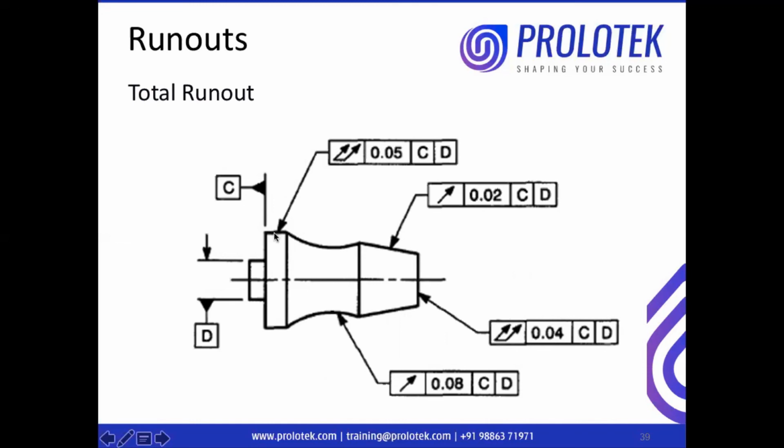Here total runout is applied to a cylindrical surface with two datums, which means this surface must be cylindrical, it must be perpendicular to C, parallel to datum A, and this axis must be concentric with the datum A. And here, the total runout is applied to a flat surface, which means I am controlling the flatness of that surface, and that surface must be parallel to C, and perpendicular to D. And here, since we do not have a cylindrical surface, but when I take a cross section, I get a circular surface, in such cases we can use radial runouts.